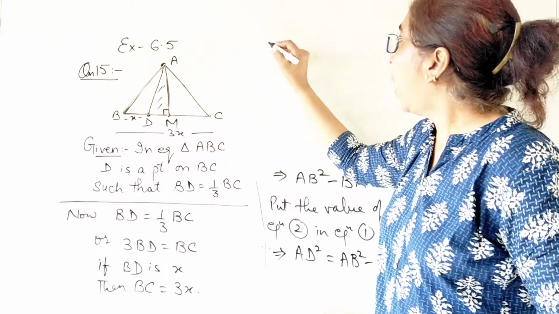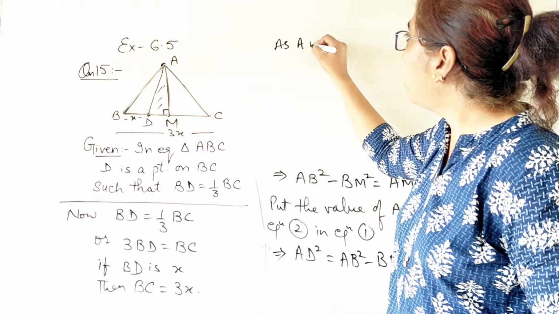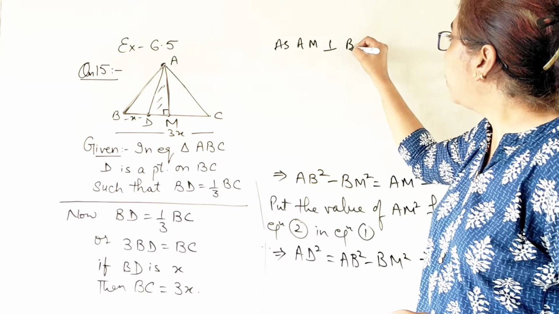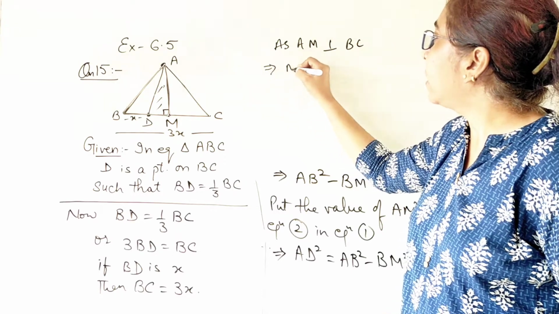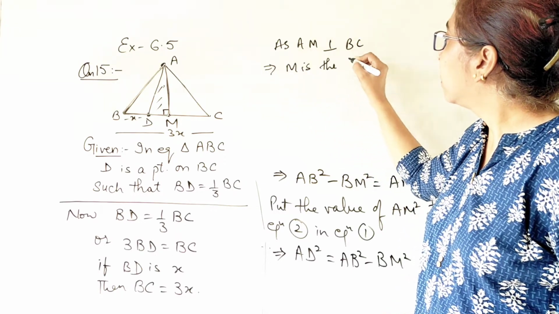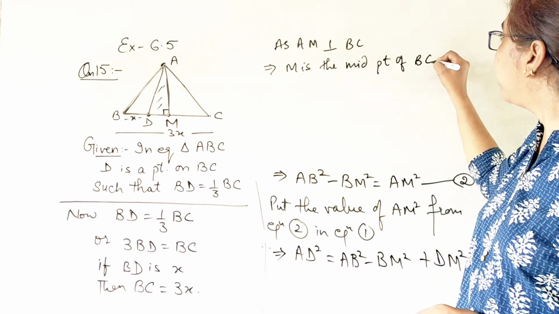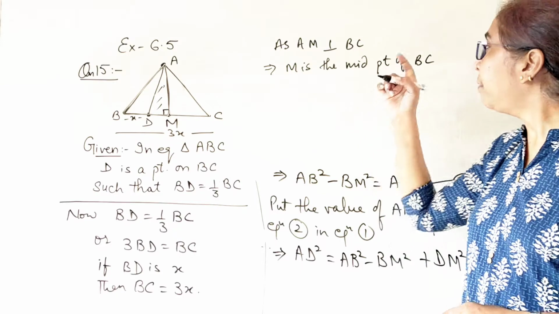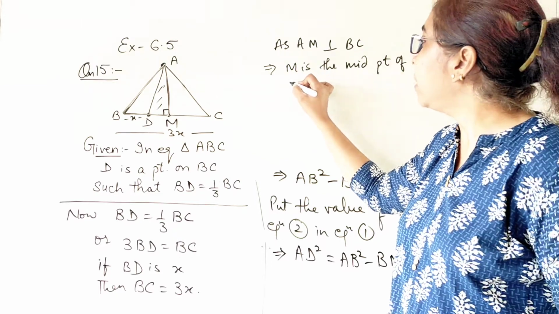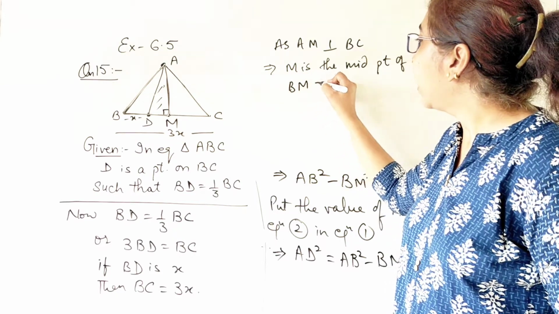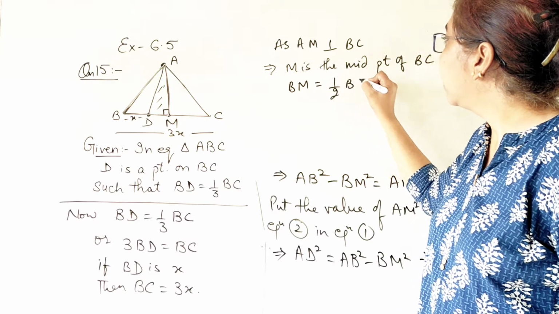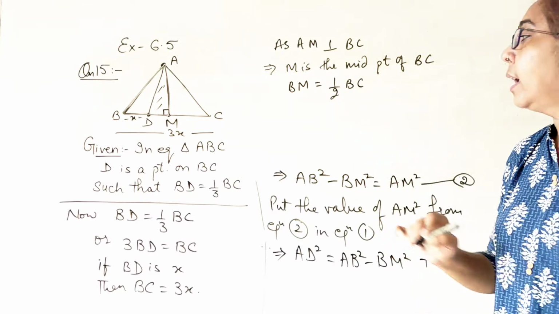Okay, so as AM is perpendicular to BC, this implies M is the midpoint of BC, right? And if it is the midpoint of BC, that means BM is half of BC, isn't it?